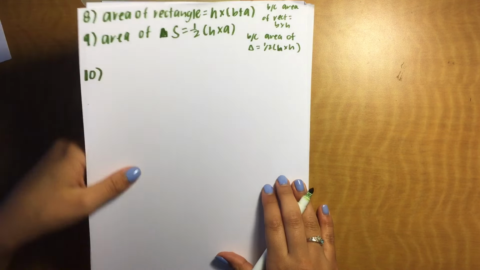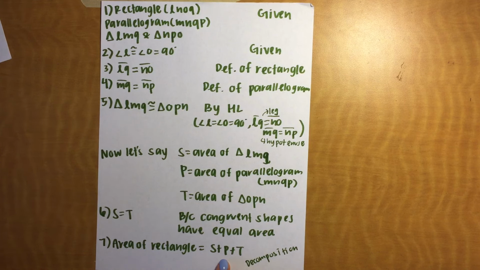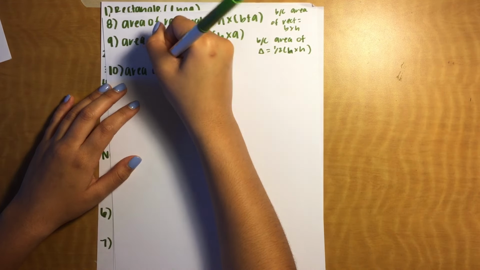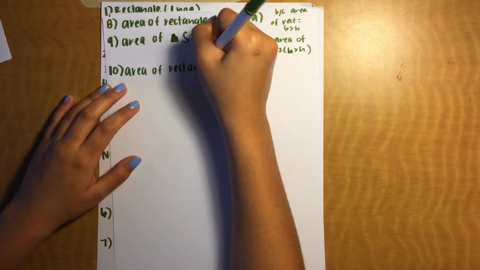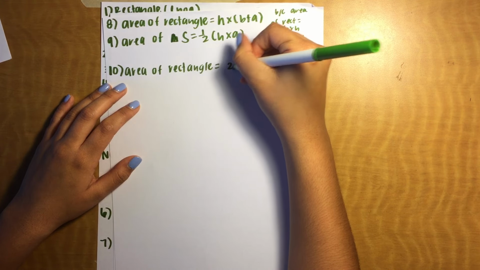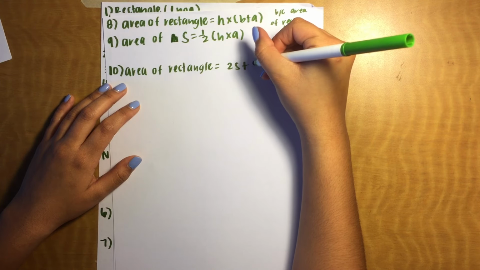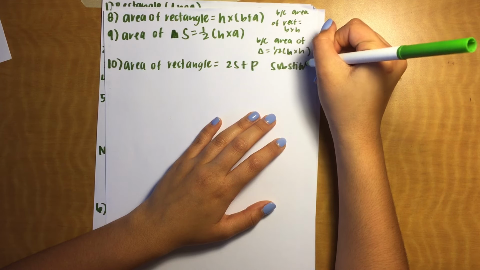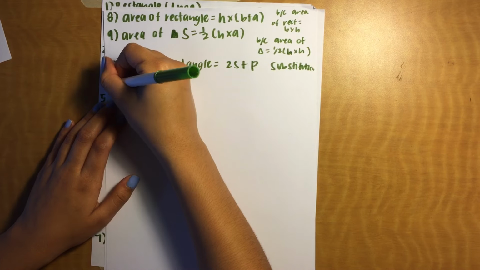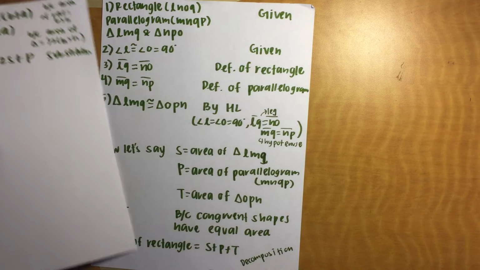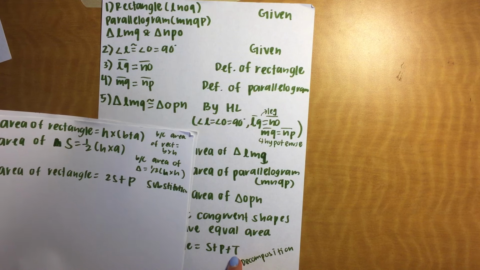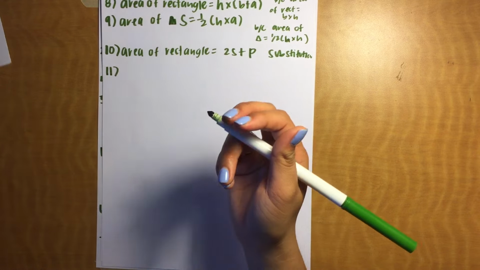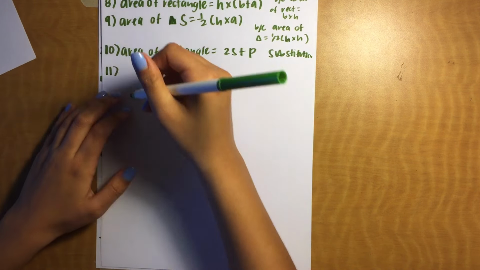So let's look back at the formula we had. Area of rectangle is S plus P plus T. So we know that the area of the rectangle is 2S plus P. That's just substitution, because S plus P plus T, and S equals T, so you can just say 2S plus P. Since we want to find the area of the parallelogram P, let's simplify.